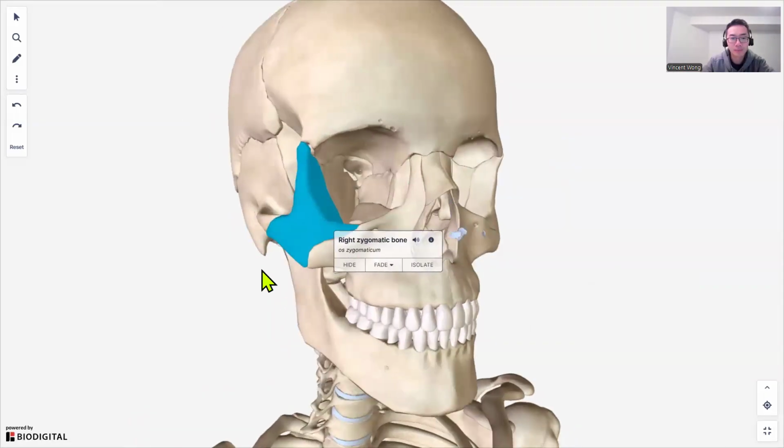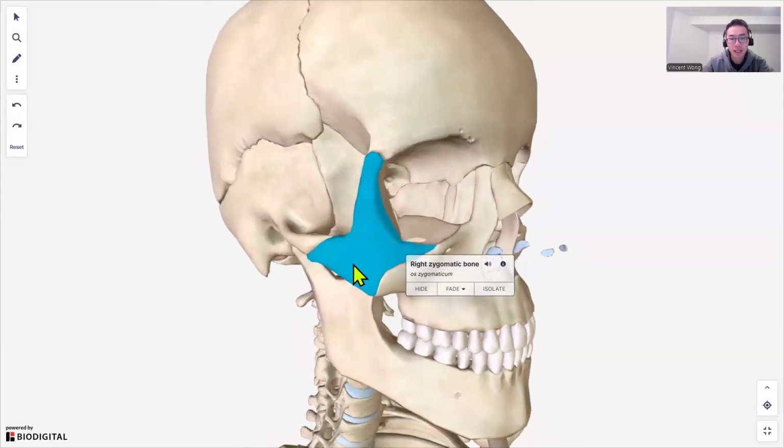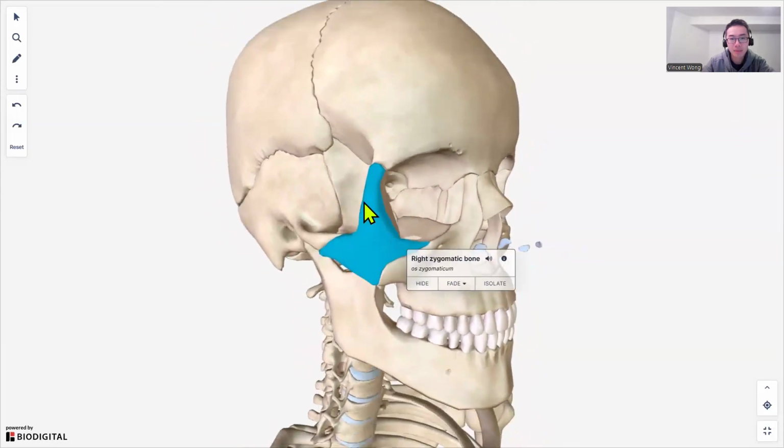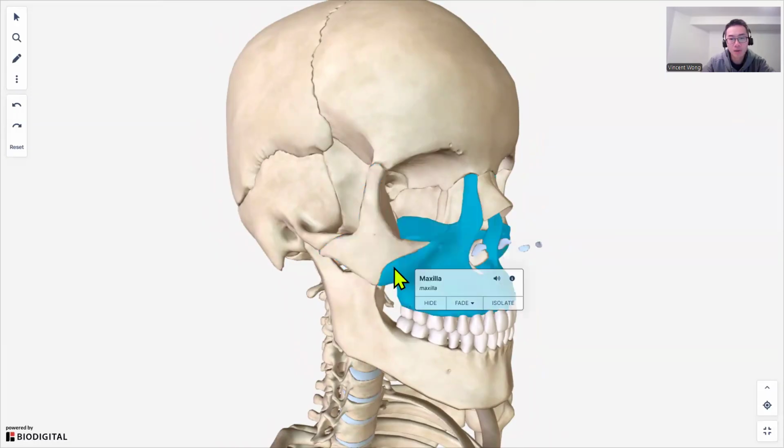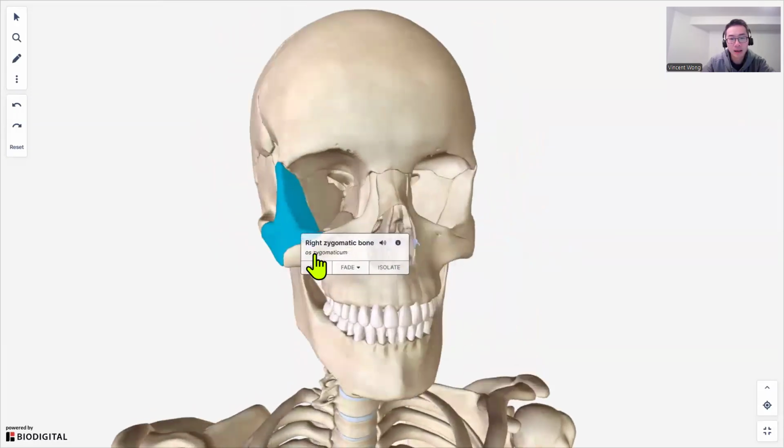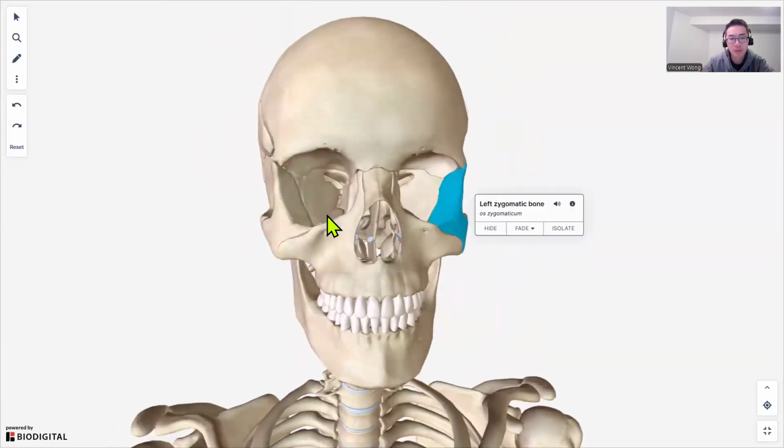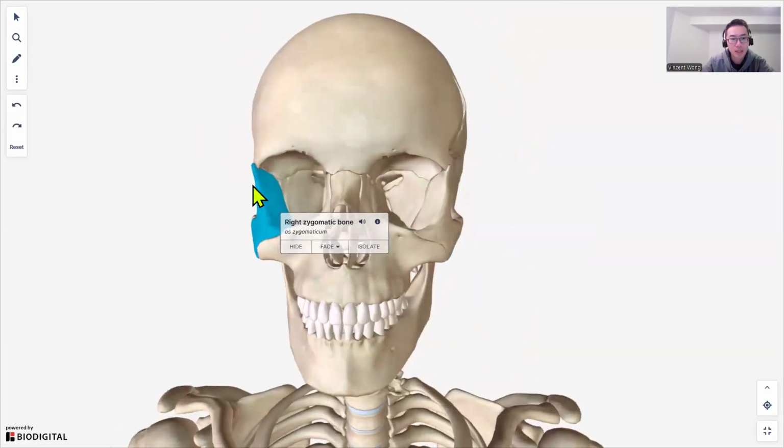Along with the next bone that we're going to talk about, the zygomatic bone. The zygomatic bone, the cheekbone, forms a connection with the maxilla right here, and you have two zygomatic bones, one on each side. The zygomatic bone forms the lateral side of your eye socket.